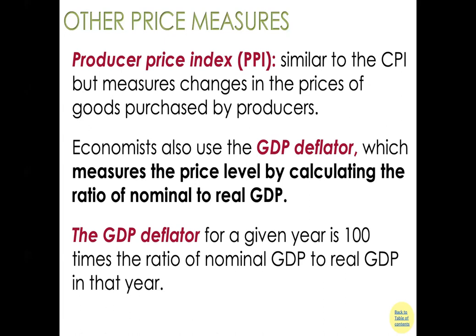Their difference lies in how we define the market basket. Consumer price index focuses on what typical American households consume. Producer price index pays attention to what typical businesses consume. And the GDP deflator is the most comprehensive. We just put everything inside, whatever we produce in that year, right? So this is the GDP deflator.